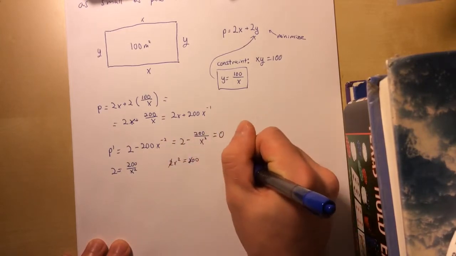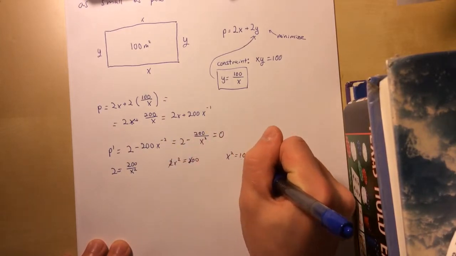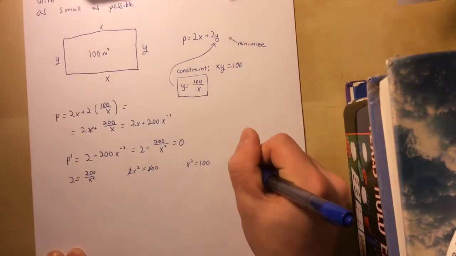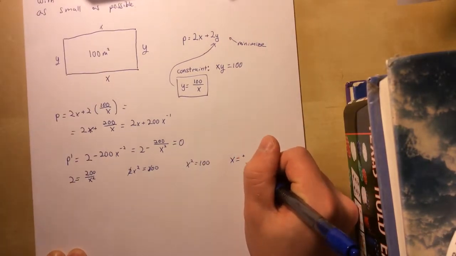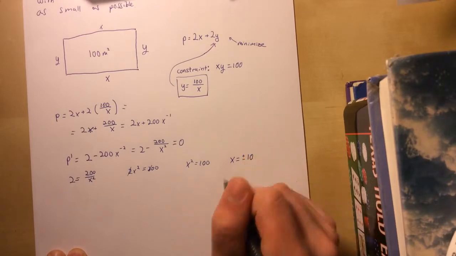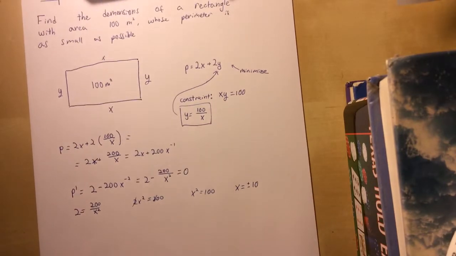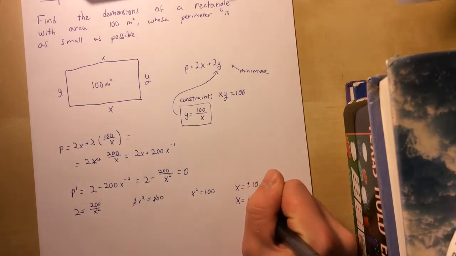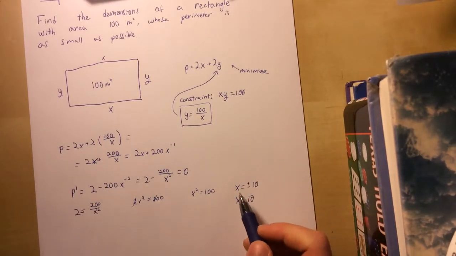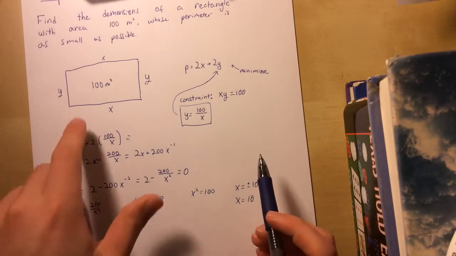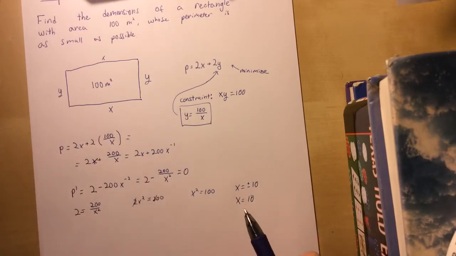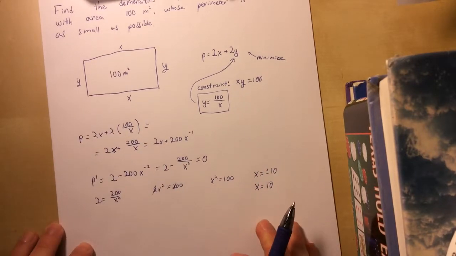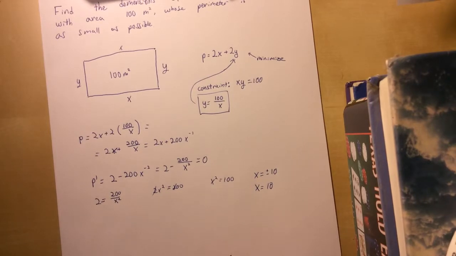Divide by 2. x squared equals 100. And then x is equal to plus or minus 10. In our case, we're just going to keep the positive 10, since having a negative height or a negative width doesn't really make sense. So that's just from the context of the problem.